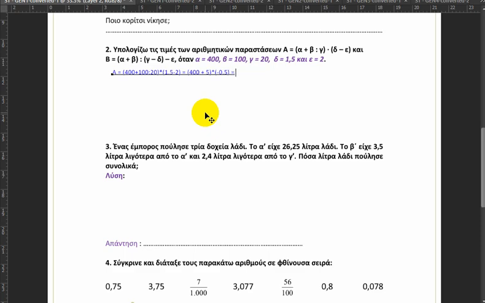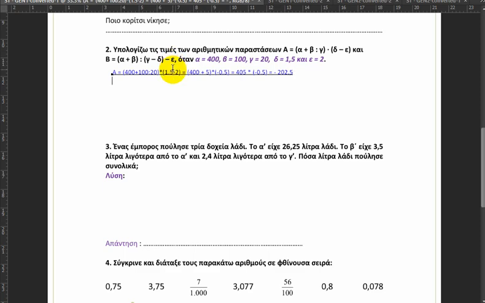So this is equal to 405 times minus 0.5, which is equal to minus 202.5. Yep.